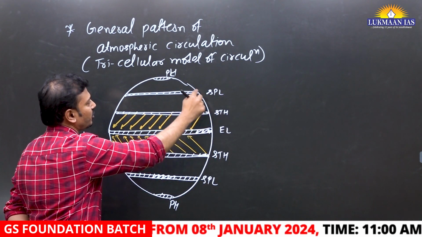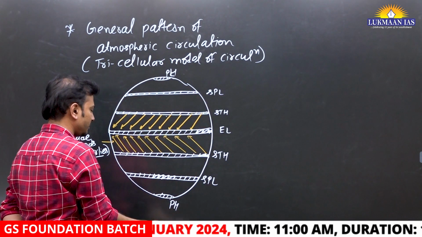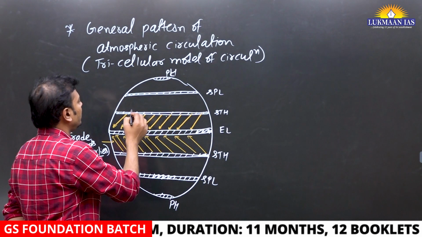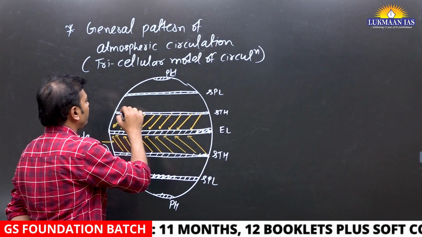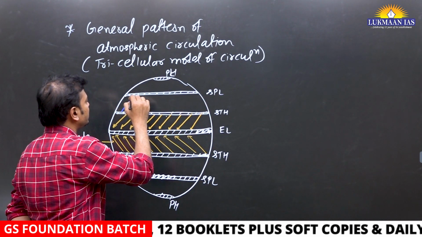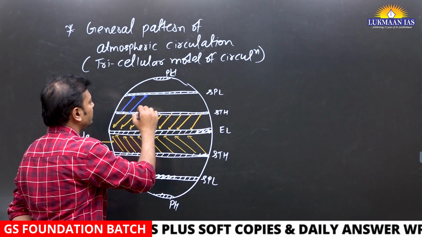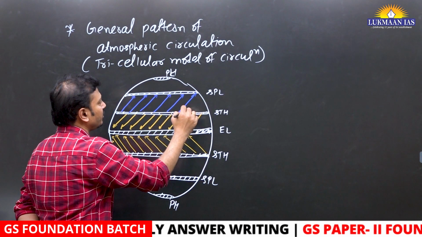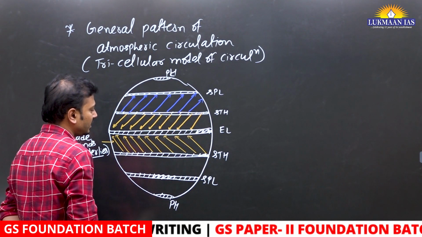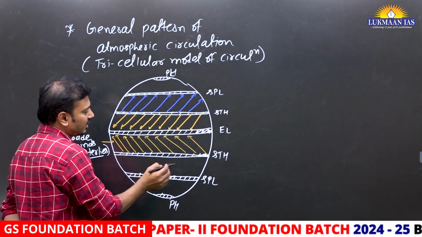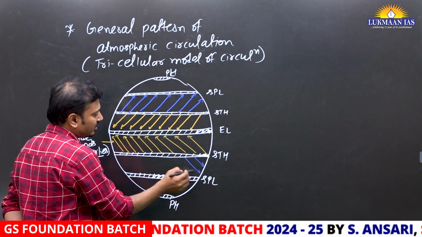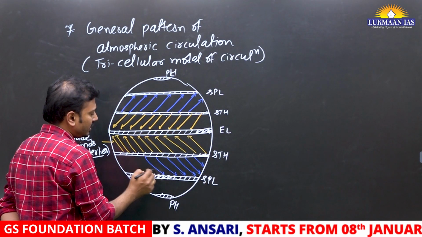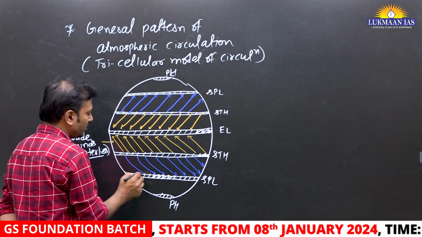Subtropical high to subpolar low, high pressure to low pressure. Again we have the wind moving from high pressure to low pressure. The wind is deflecting to its right. In the northern hemisphere it is deflecting to its right, and in the southern hemisphere it is deflecting to its left. This deflection is more.